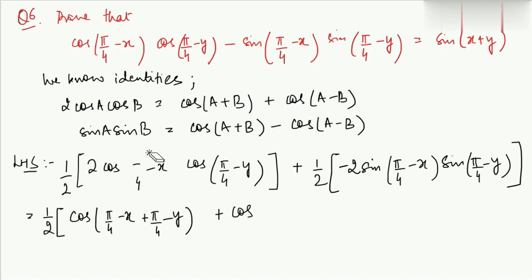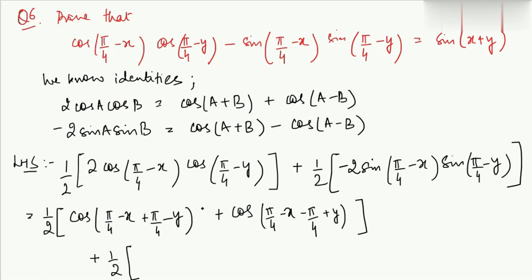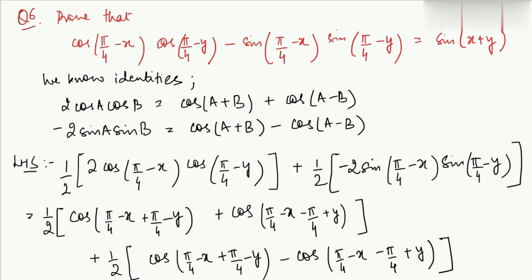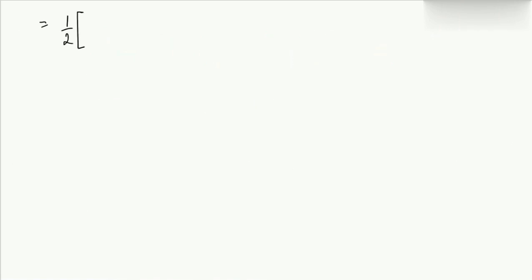Which is half into cos (A + B) + cos (A − B), the first part of the expression. The second part of the expression will contain half cos (A − B) − cos (A + B), which is this.